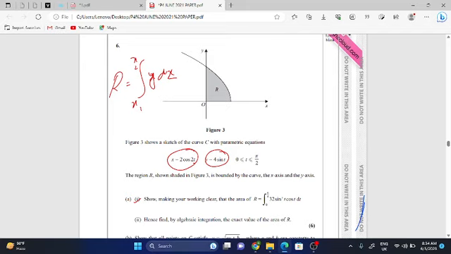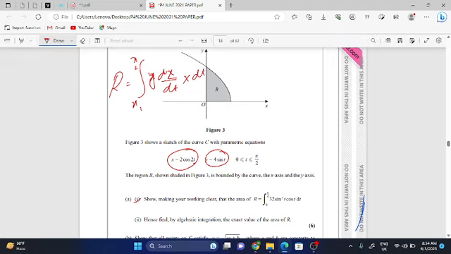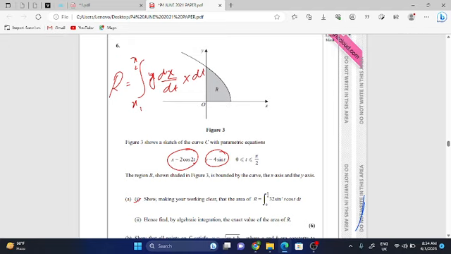How can you do that? It can be written as dx by dt times dt, because both of the parametric equations depend upon t and the range also depends upon t. So it's necessary for you to consider t. By using the chain rule, dx can be written as dx by dt times dt.